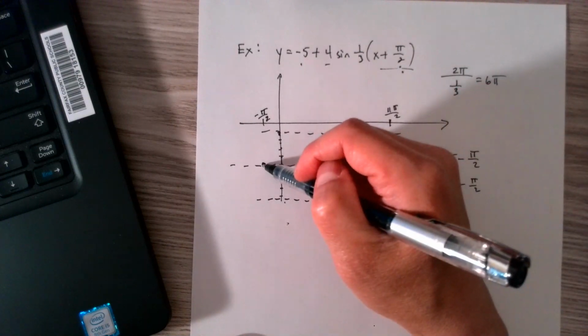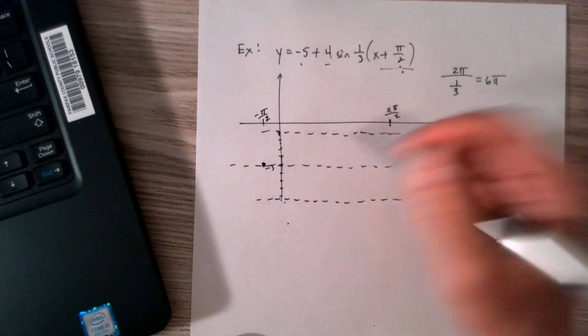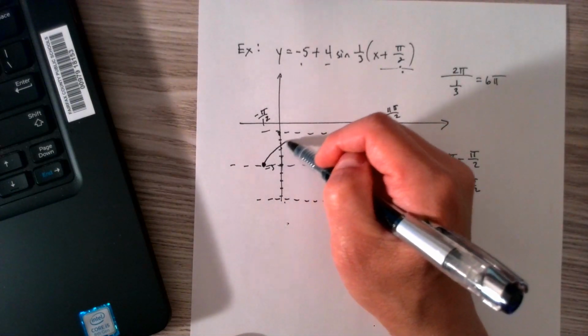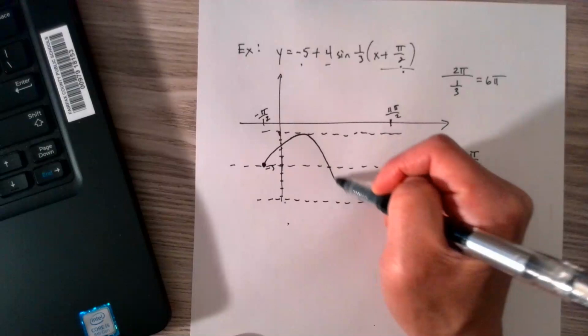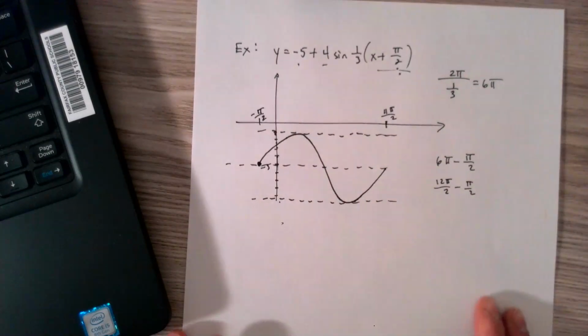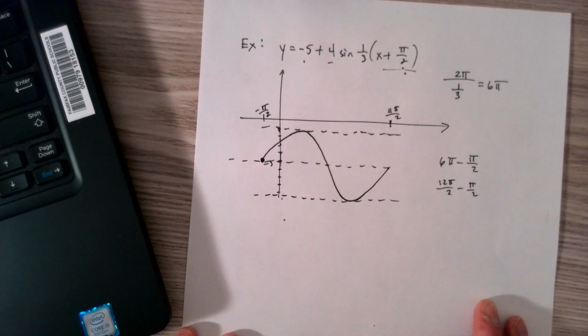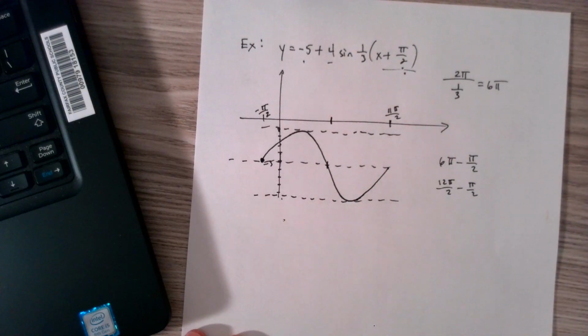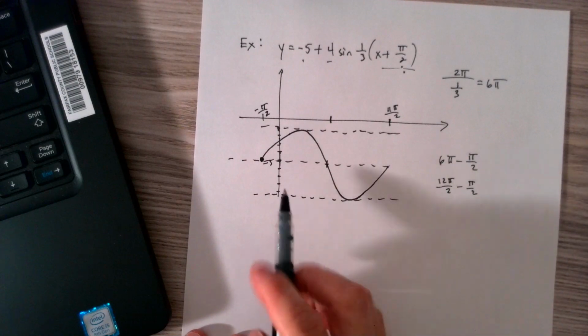So now I can draw it. Sine curves always start going up, positive slope. Okay, there's my first cycle. And halfway point is right here. And that would be 3 pi, right? Half of 6 pi is 3 pi.